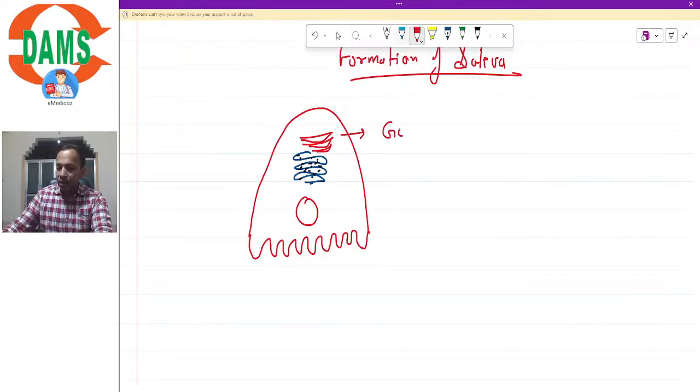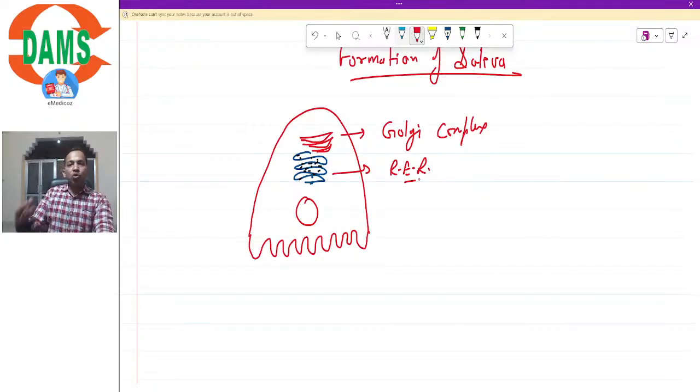So let's say this is the Golgi complex and this is the rough endoplasmic reticulum. As far as the solid part is concerned, it's quite easy. The inorganic component is derived from the blood vessels.